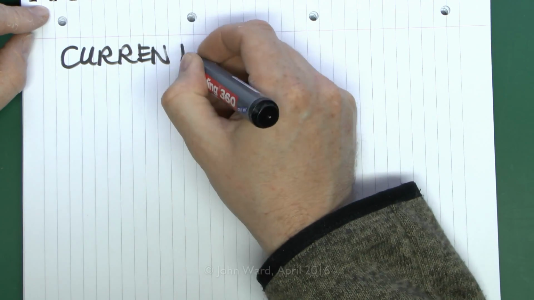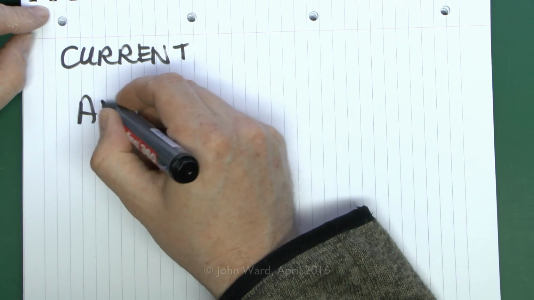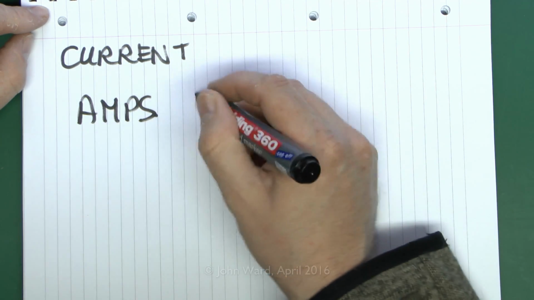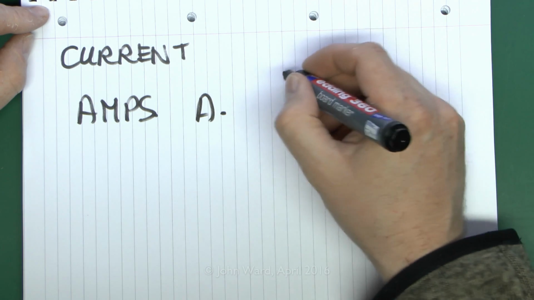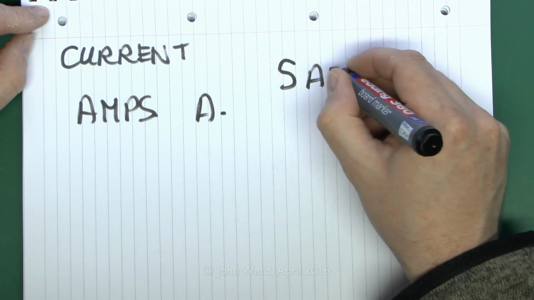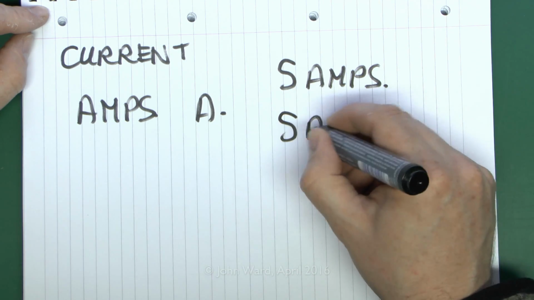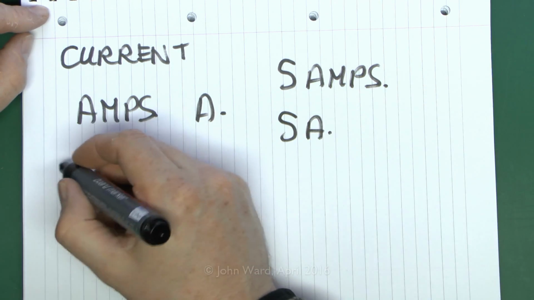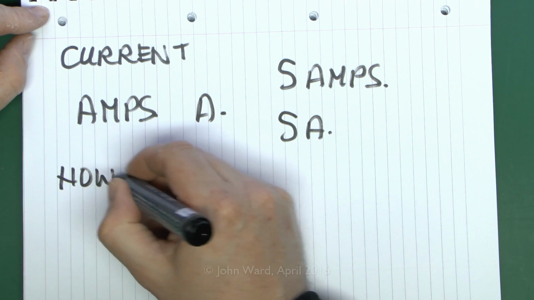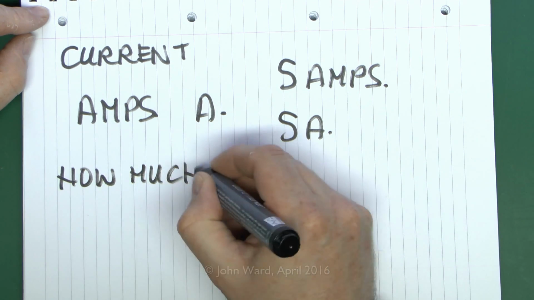current. Current is measured in amps, and it's usually given the symbol A. So you might have, say, 5 amps, or you can just put 5A. And the current is really how much electricity is actually flowing through there.